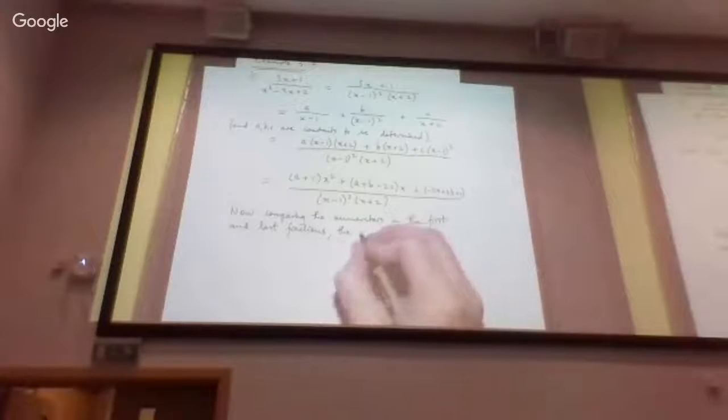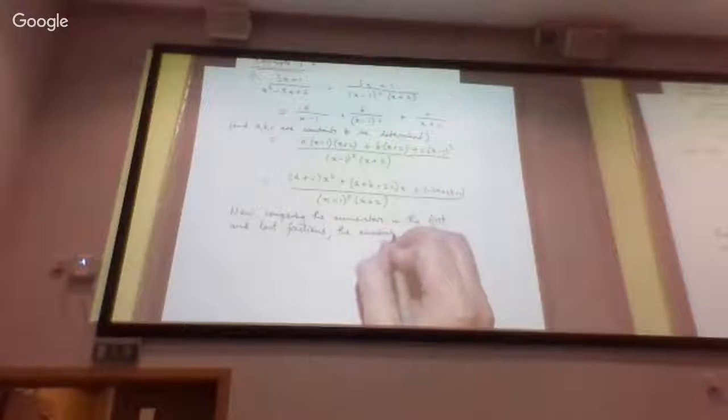Comparing the numerators in the first and last fractions. The first fraction up here, the last one, big one down here, they've got the same denominator, so the numerators must be equal. The numerator polynomials must be equal.